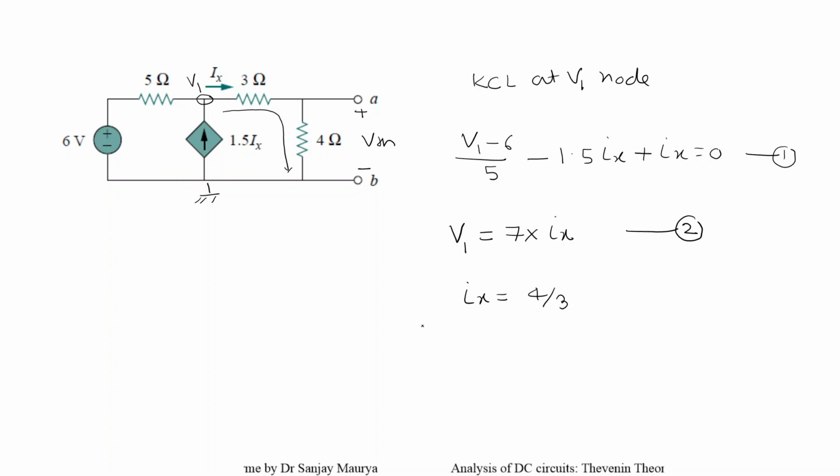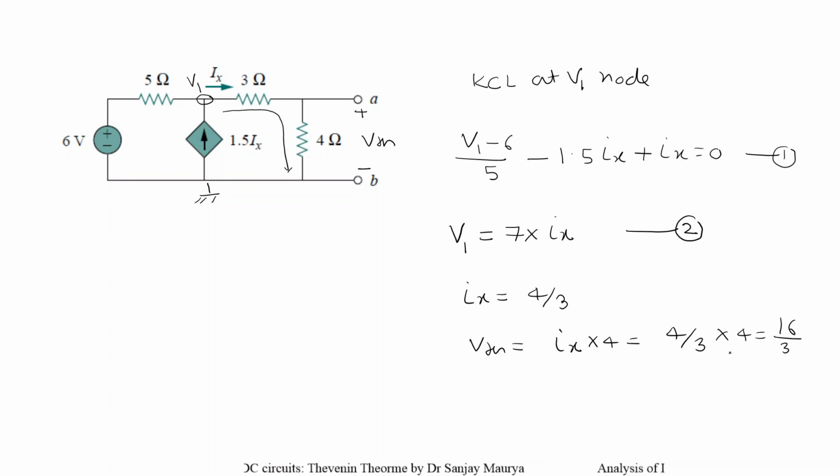So in such a case, since Ix is flowing in this side, VTH will be equal to Ix into 4. That will be 4 by 3 into 4, that will be 16 by 3, which is equal to 5.33 volt.